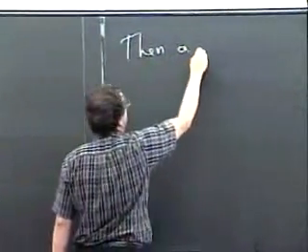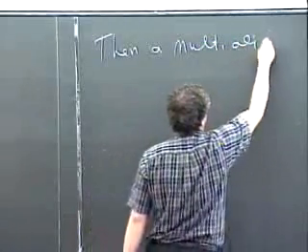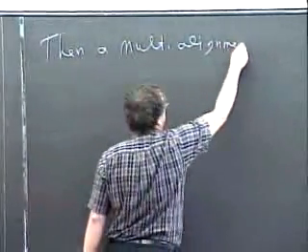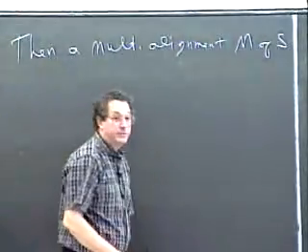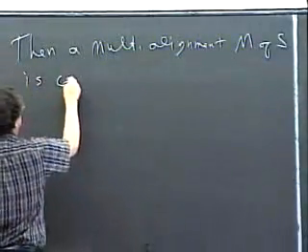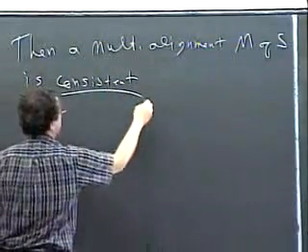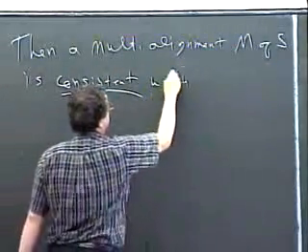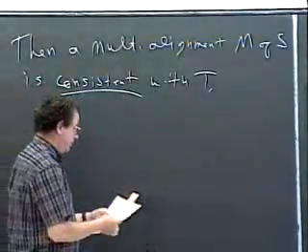And then we say that a multiple alignment M of S, a multiple alignment of those strings, is consistent with T if what?